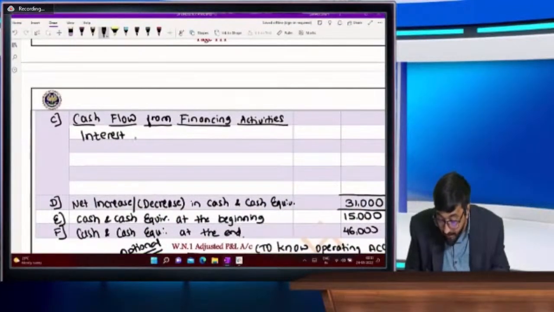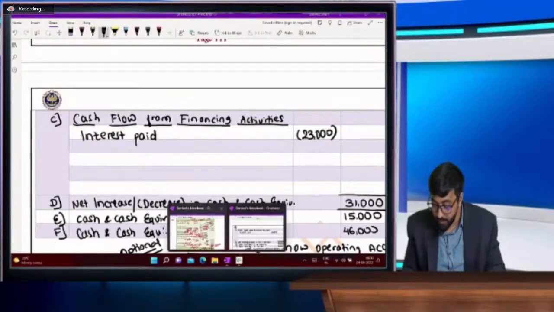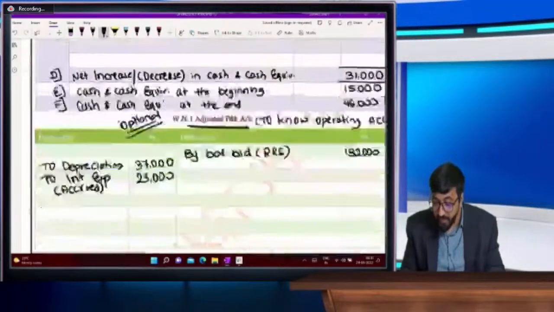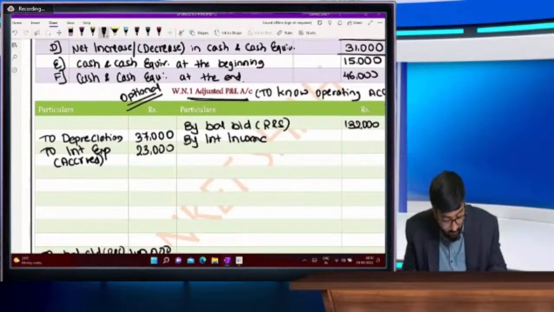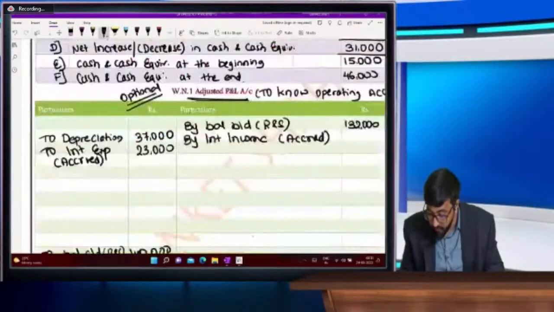Interest paid, negative 23,000. Interest received, one credit. By interest income. By interest income accrued 6,000.